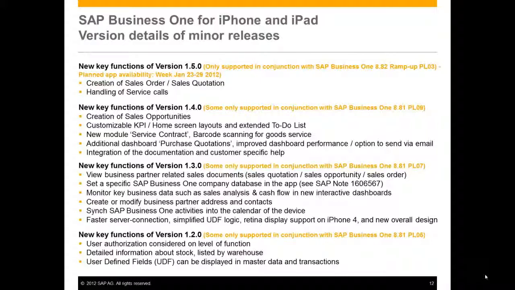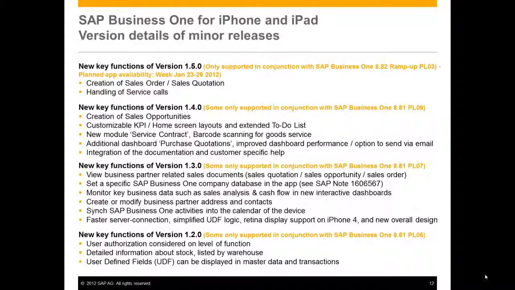Let's say, for example, you are running SAP Business One 8.81 patch level 5. Well, if you try to access some of those new features like the creation of a sales order or sales quotation, the application will just give you a message letting you know that you need to upgrade your back end to take advantage of those new features. So you've always got that backwards compatibility and forwards compatibility with the mobile application.